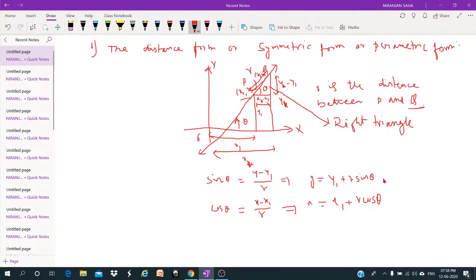This is our parametric form of equation. We have to know the distance from any known point to any unknown point, and the angle theta which the straight line makes with the x-axis, and then we will have the equation of the straight line. This is the parametric form of equation.